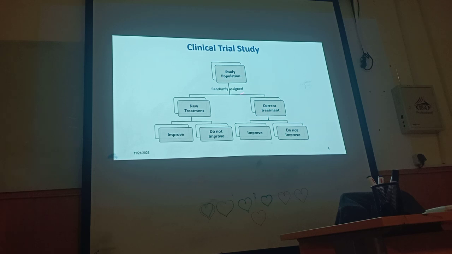So we randomly assign these 200 cases of diabetes into two groups. The first group receives the new treatment, and the second group receives the current treatment or no treatment or placebo.